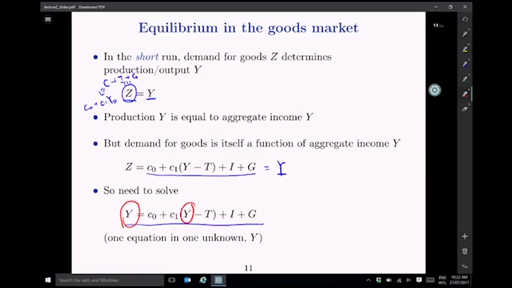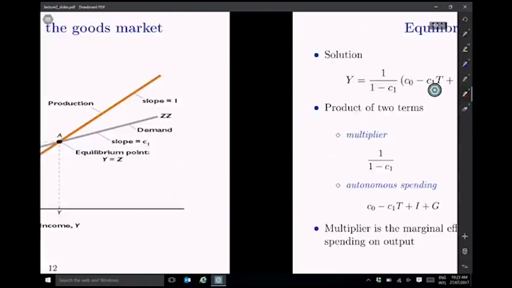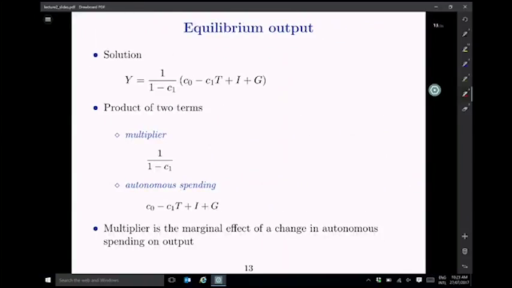And is that magic? Actually, no, because so far we have one equilibrium condition and one unknown, the aggregate output. We have assumed that taxes, investment, and government spending are all exogenous. From this, we can actually solve for this.